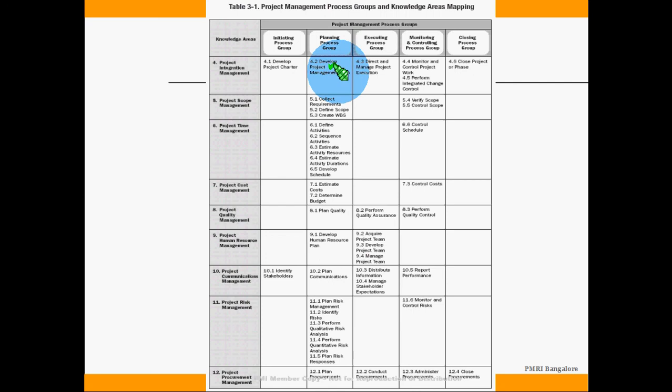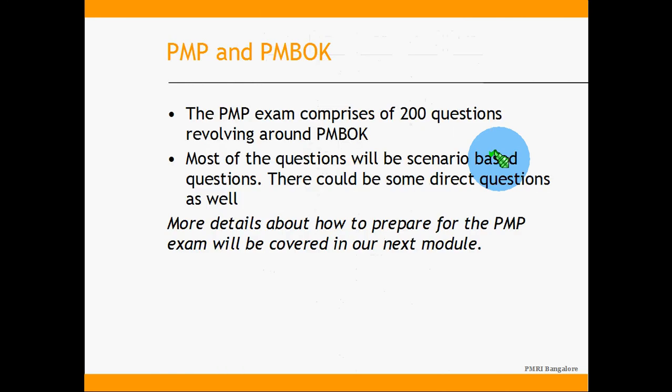So there is a logical sequence. First, let us understand it. Then automatically, based on reasoning, you will be able to recollect the sequences, rather than blindly learning all these by heart. The Project Management Professional exam comprises 200 questions revolving around PMBOK, and most of them are scenario-based questions, though there could be some direct questions as well.